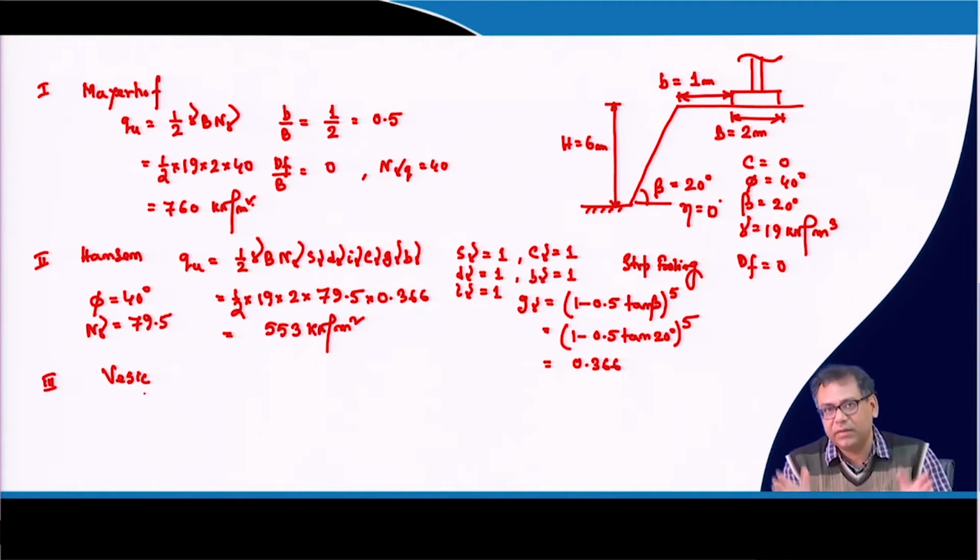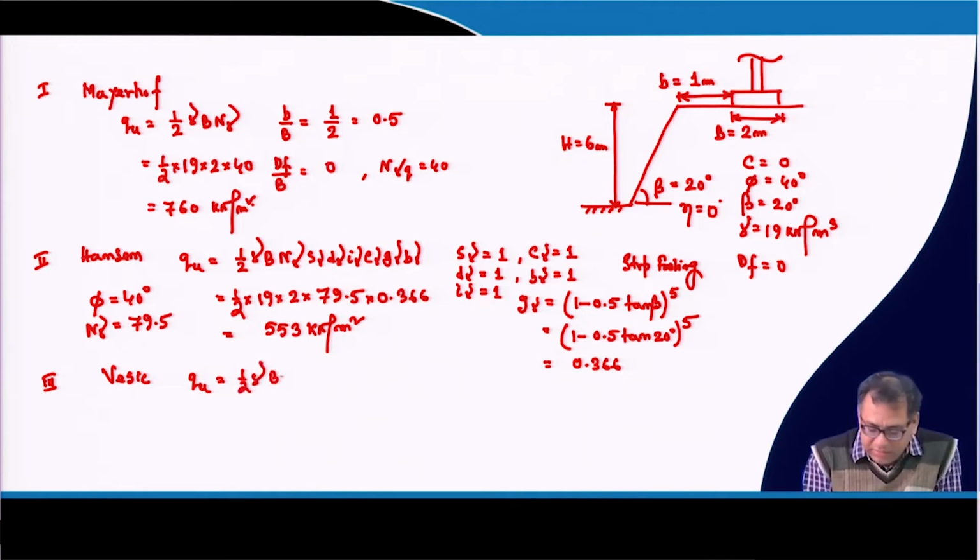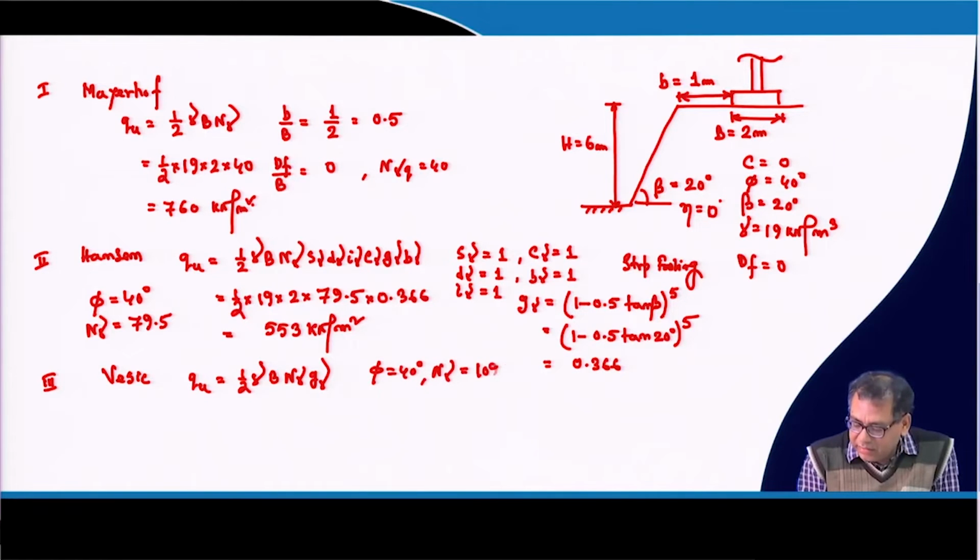This is just to show you how we can incorporate that sloping ground effect. If you have a different problem, you have to apply those factors accordingly and you will get the value. So as per Vesic, a similar expression, I am not writing the coefficients, those are 1, because I have already explained. So this is half gamma B N gamma, and here G gamma will be there. Now, for phi equal to 40 degrees as per Vesic, the N gamma is 109.4 and G gamma is 1 minus tan beta to the power 2.